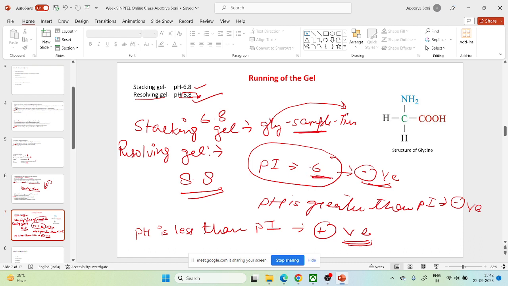Therefore, glycine gets a negative charge, it gets deprotonated, which is obvious if you go to the basics. So it starts moving. This is how the difference of pH creates variations, which helps in either stacking or resolving of your protein.